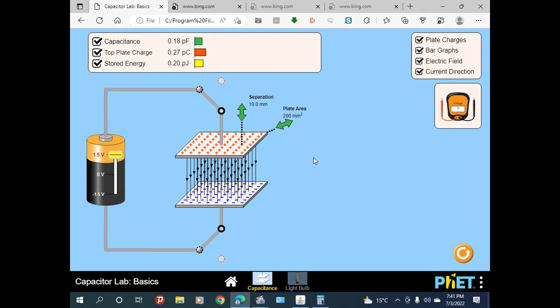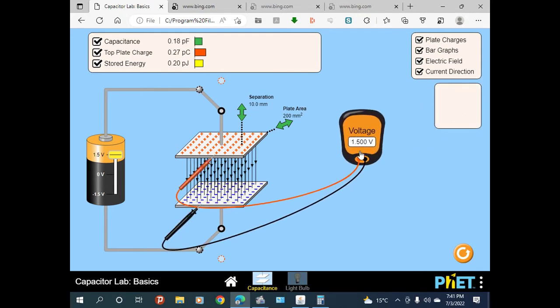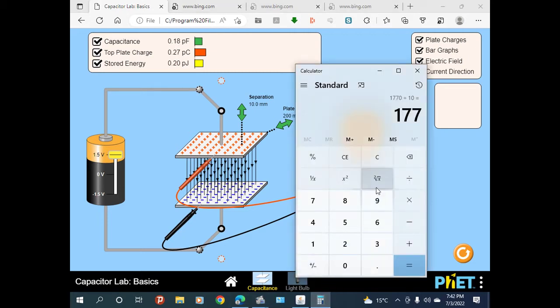You know Q is equal to C times V, capacitance times potential difference, or capacitance is equal to Q over V. So to get the plate charge Q, Q equals C times V. C is 0.18 picofarad times the voltage drop across the plate, that is 1.5 volt. Let me calculate the value.